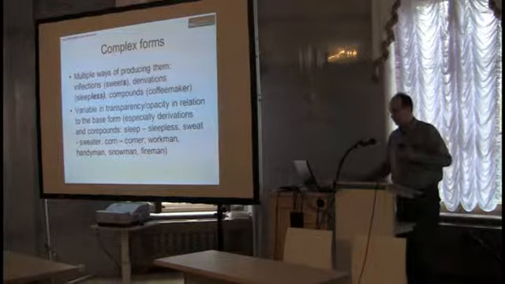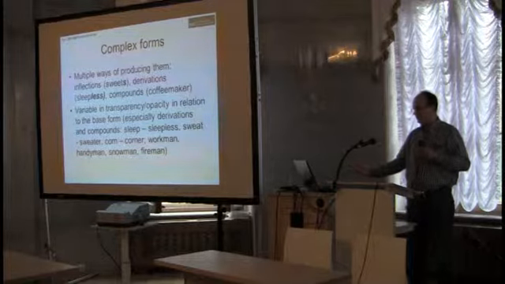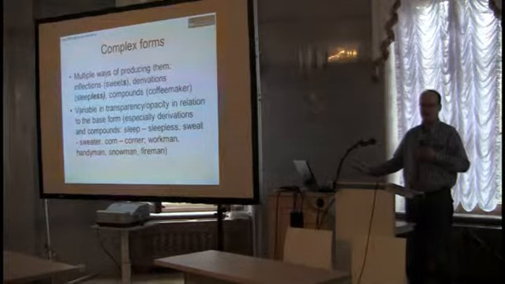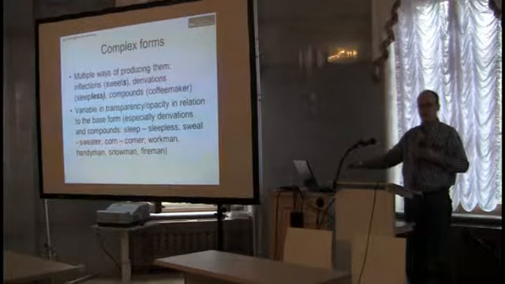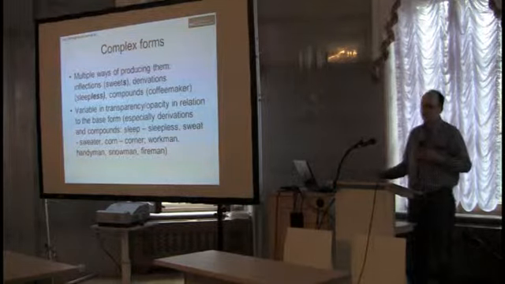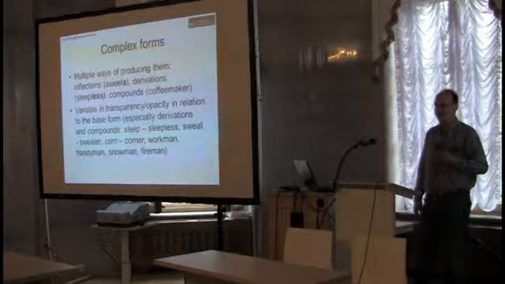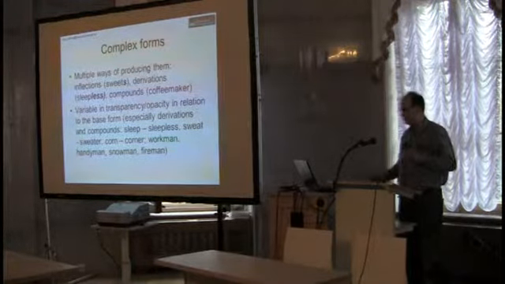Look at other examples of compound words. Compare workman with handyman, which is almost the same thing, but probably a different level of transparency in terms of relatedness to the base form. So workman is a man who works. Handyman is a kind of man who is by your hand when you need some help, but not really so transparent.